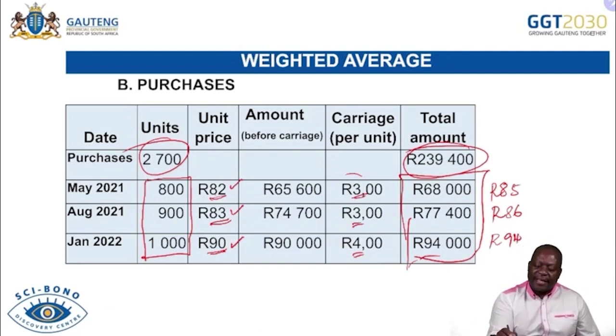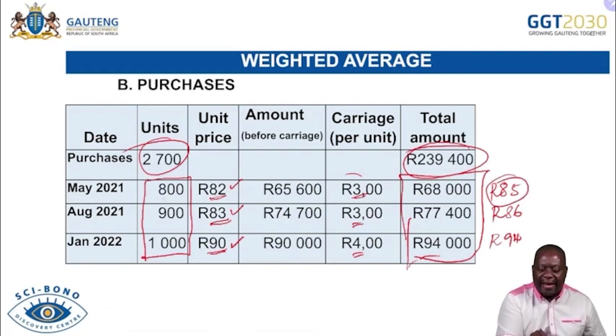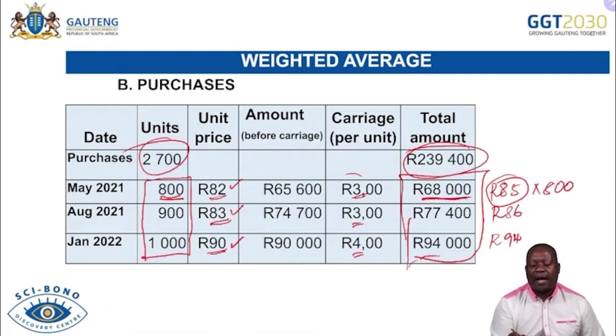Now, it is this unit price that, when multiplied by 800 units, gives us 68,000. You can check it. It's simply 85 times 800 and it gives us this figure. So check here, the total amount of our purchases includes carriages.